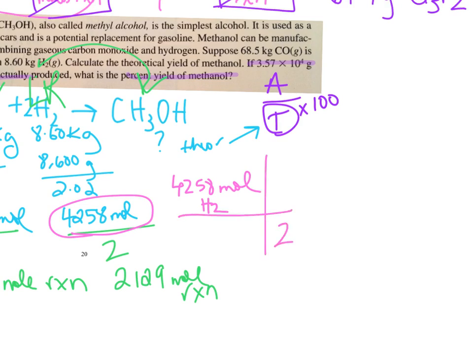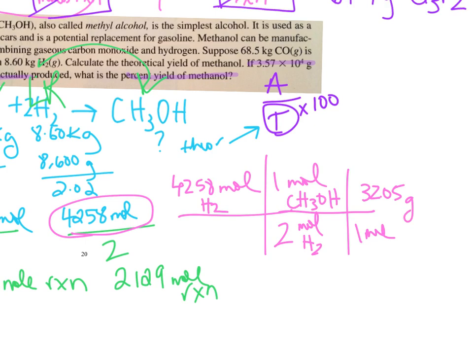For every 2 moles of H2, I have 1 mole of good old methanol. And for every 1 mole of methanol, I have 32.05 grams. That gives my theoretical yield of value of 6.82 times 10 to the 4th grams.